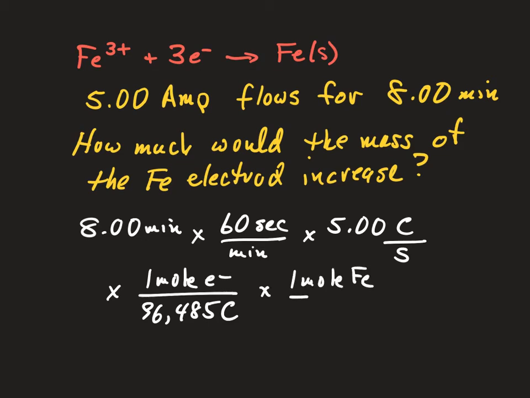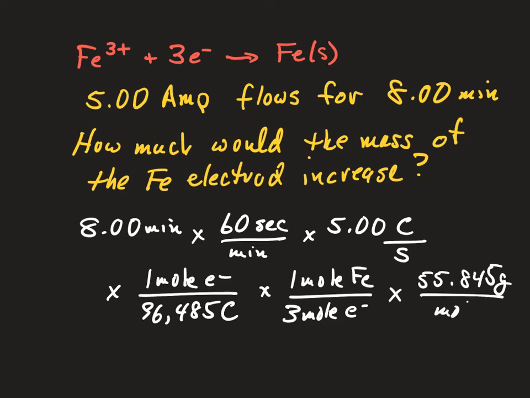Reducing 1 mole of iron takes 3 moles of electrons. And iron has a mass of 55.845 grams per mole.